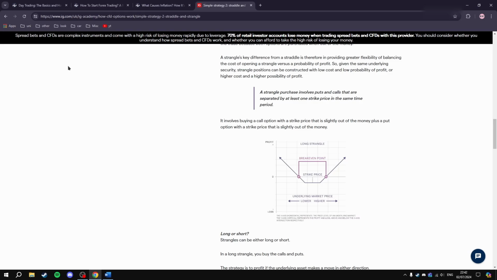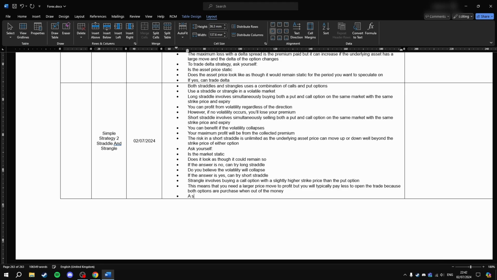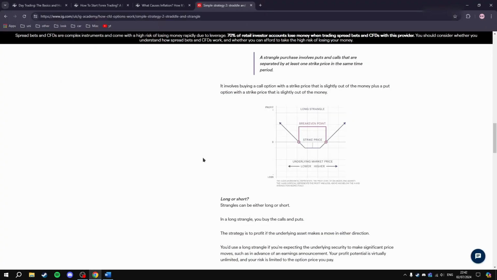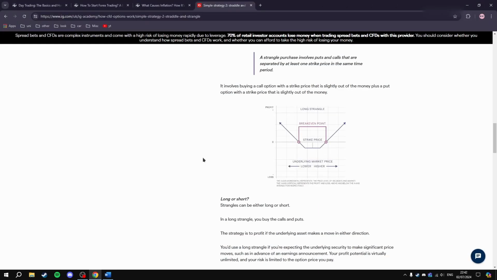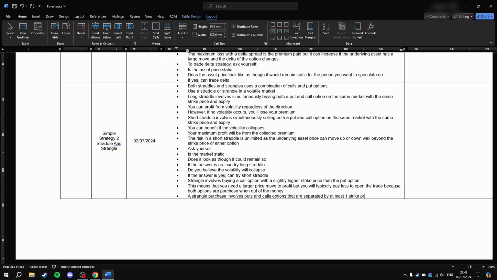A strangle purchase involves puts and calls options that are separated by at least one strike price in the same time period.